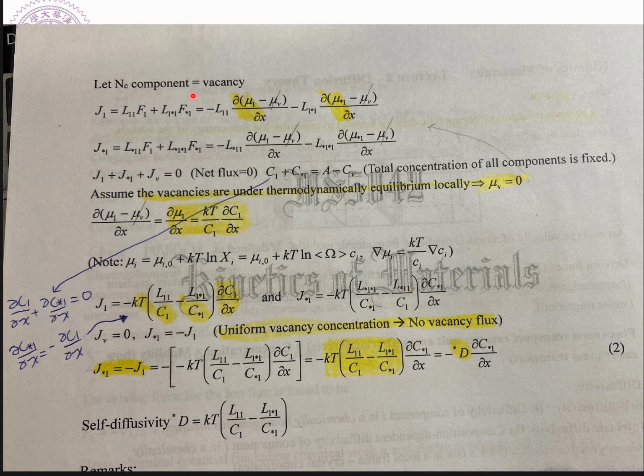Okay, so next I'm going to focus back on the J1 part. I just use this Einstein relationship to substitute the chemical potential gradient term, and it becomes this here, right? The question now is the following.